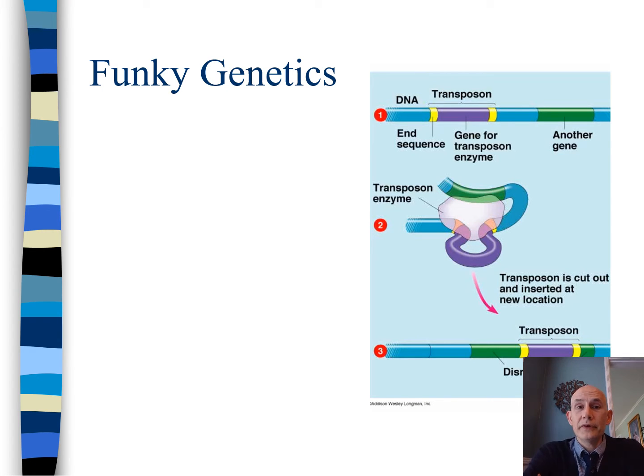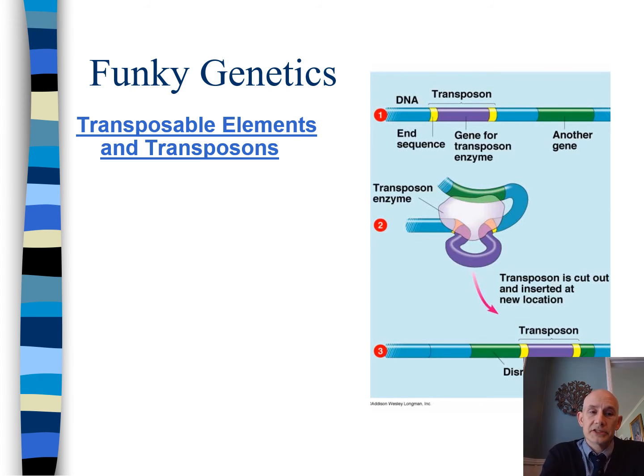Okay, so some weird things that happen in genetics. So what we're going to talk about here very briefly are what are known as transposable elements or transposomes. These are jumping genes.